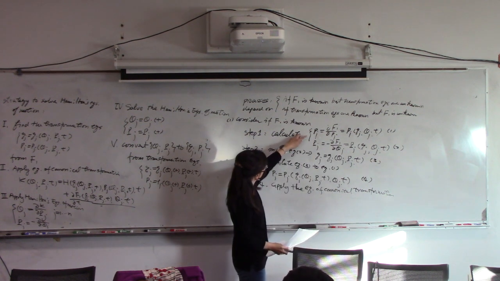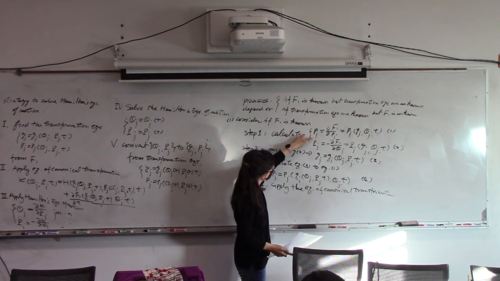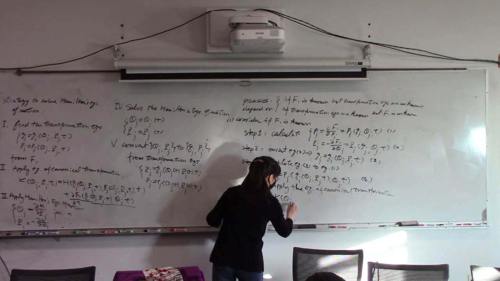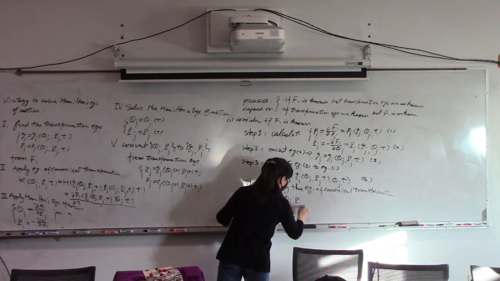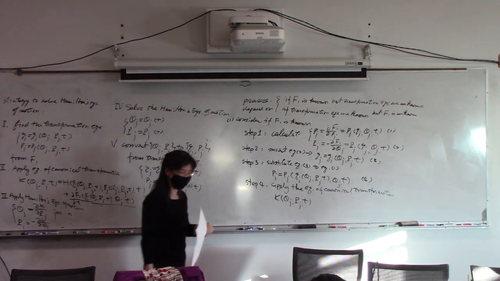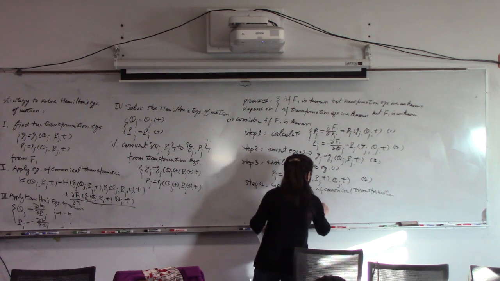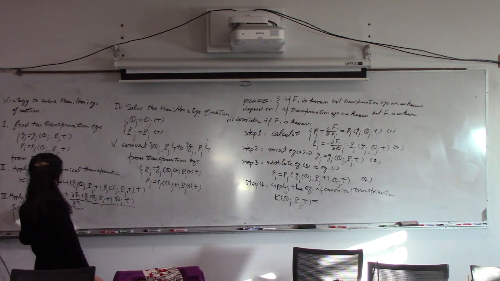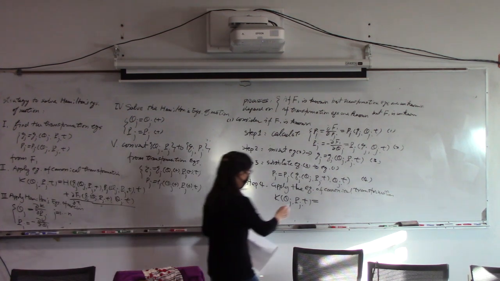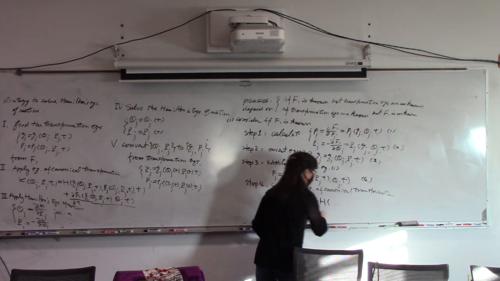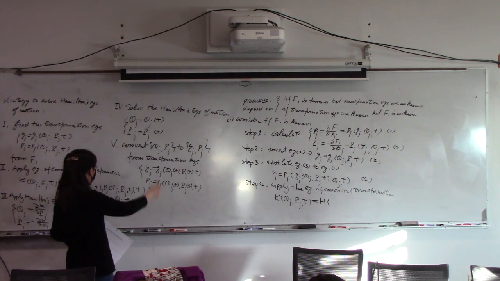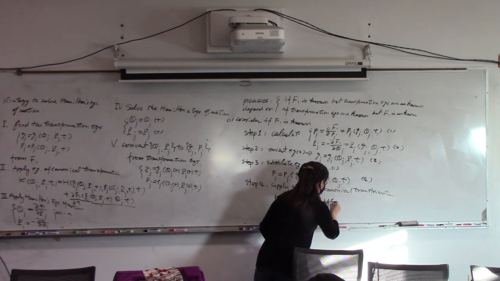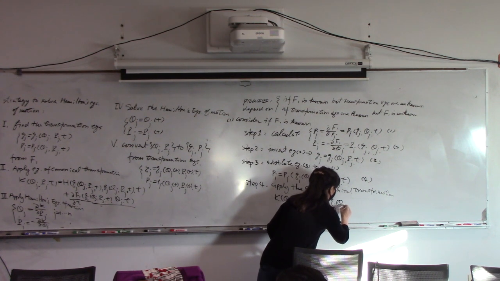Remember, in the canonical transformation we have 3 equations: 1, 2, and this one, the 3. With this one, we find the new Hamiltonian in terms of the new canonical variables. Hamiltonian initially is a function of all the canonical variables. Since we already have the transformation equation, now you just replace the old ones by the new ones.